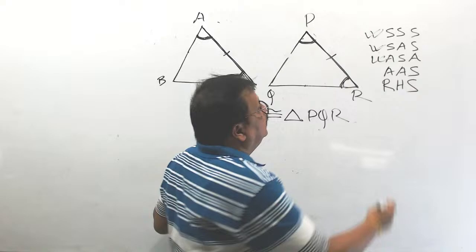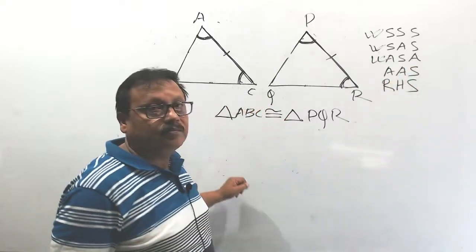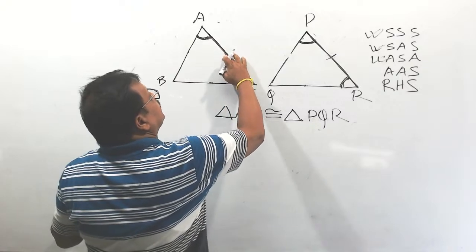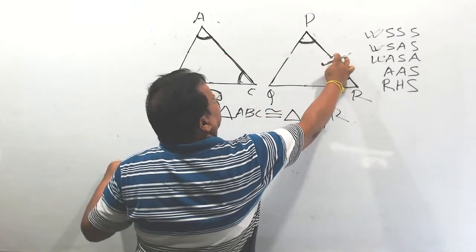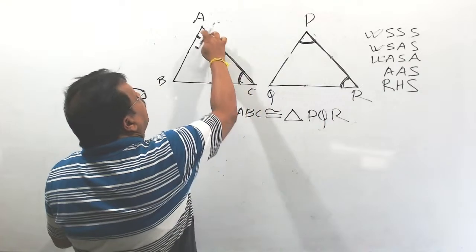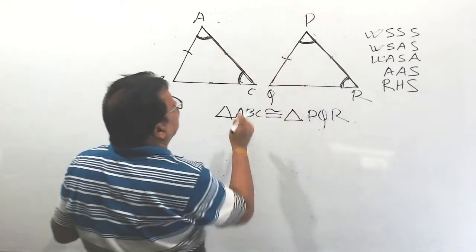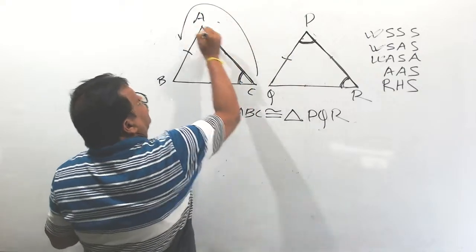After that, angle angle side. Of course, what will that be? Angle angle side means two angles and one side. This side. Understood? This way.